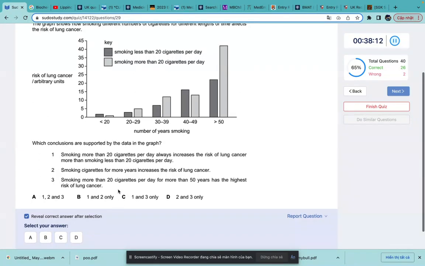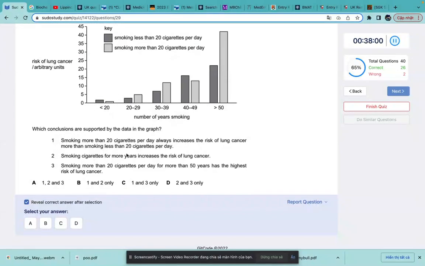Smoking more than 10 cigarettes a day. So this is not always correct. Only 2 and 3 are correct. Remember, 1 is not always correct. So we could see here, this one is higher than this one. This one is also higher than this one.